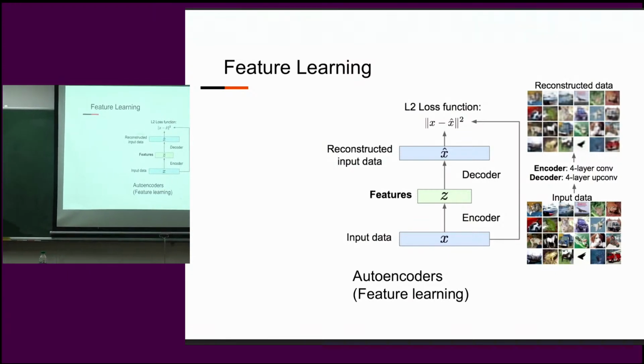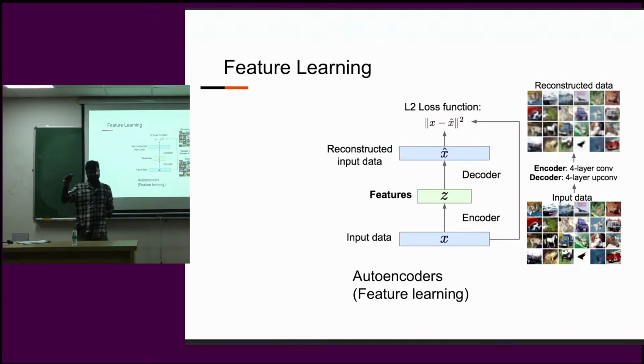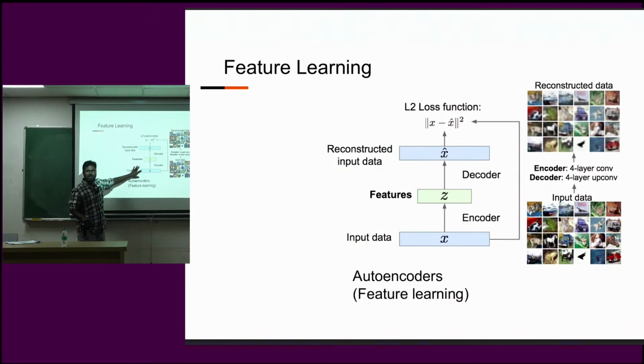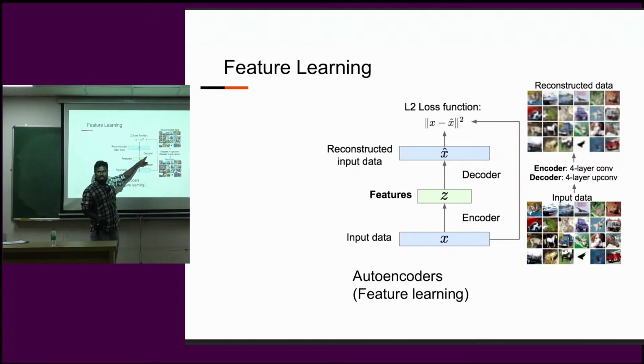So of course you can use this for generating new images, but you don't get very good results. This is a bad generator. The reason is that the encoder only gives you a discrete space. So if you sample a vector from the space and give it to the decoder, it will reconstruct badly.